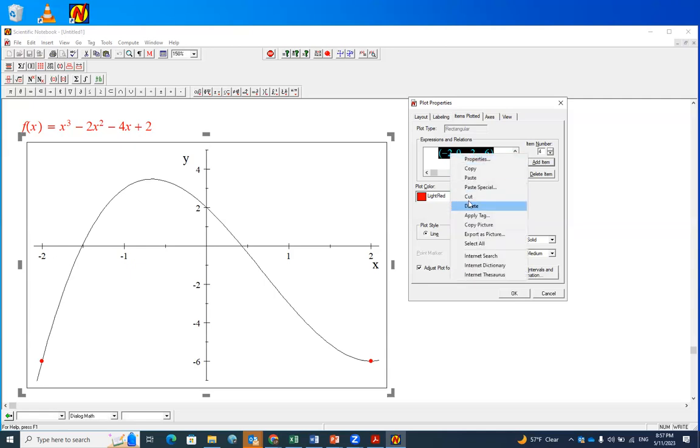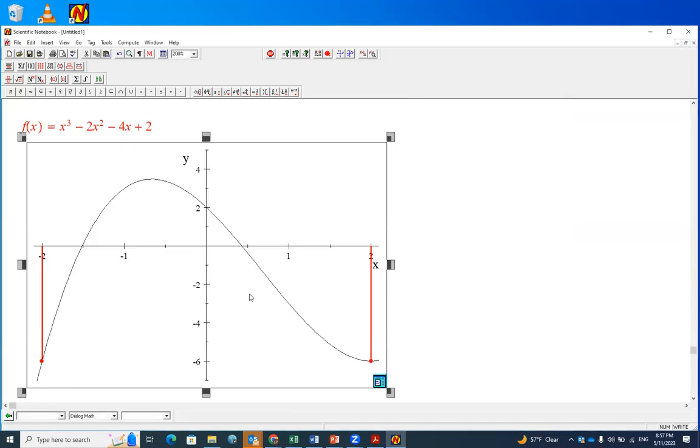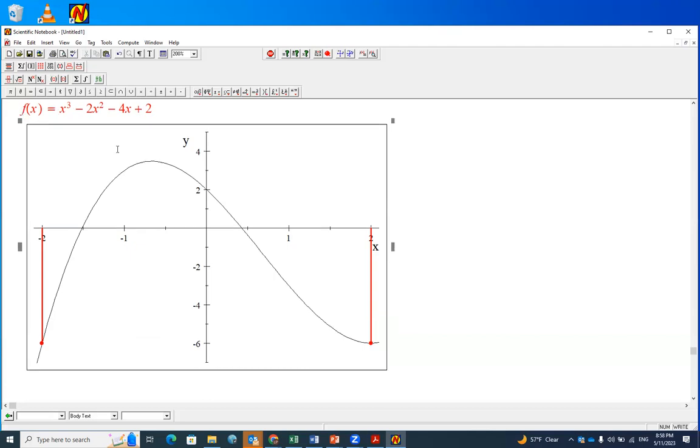And the next one, there we go, so +2. So these are the two, f of A equals f of B, right? F of -2 is the same as f of 2. Let me mark it a little later.